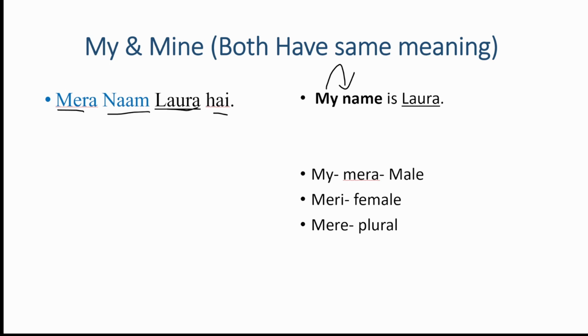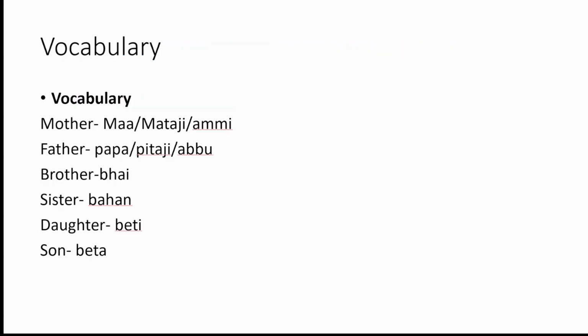So my name is Laura, मेरा नाम Laura है. If your name is David, you can say मेरा नाम David है. Here you can see that we are writing my name first, then name, and then we are writing the linking verb at the end of the sentence. So my name is Laura, मेरा नाम Laura है. So now let's see some more sentences.